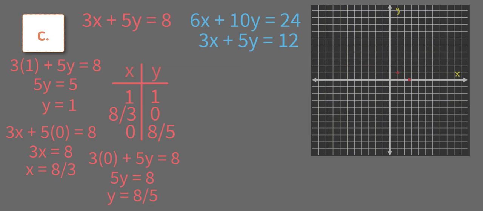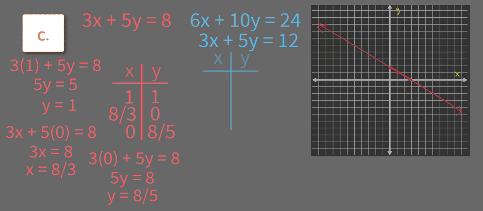And 0, 8/5, or 1 3/5. And I'll go ahead and plot this line before we go to the next one. Now, with 3x plus 5y equals 12, or 6x plus 10y equals 24, they're the same thing. I just divided both sides by 2.